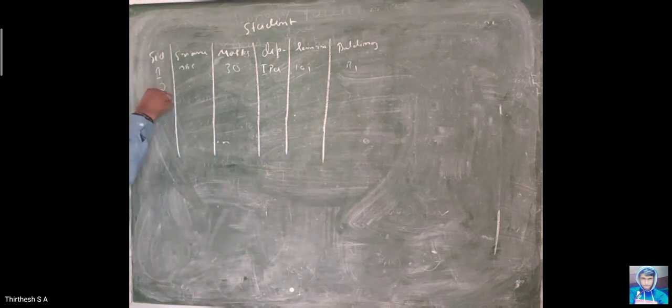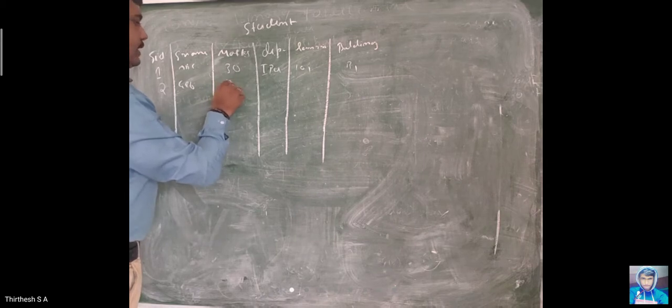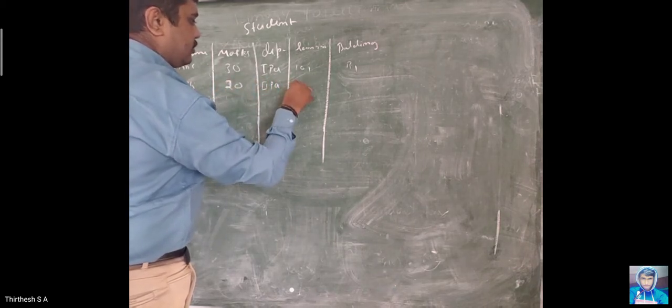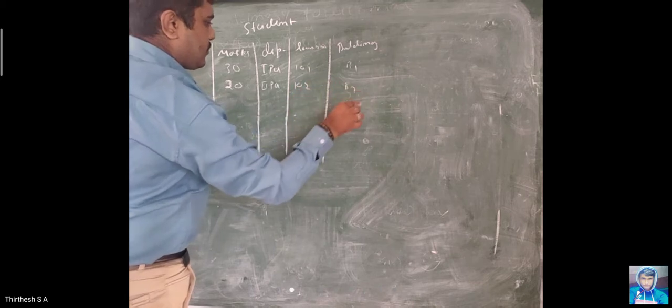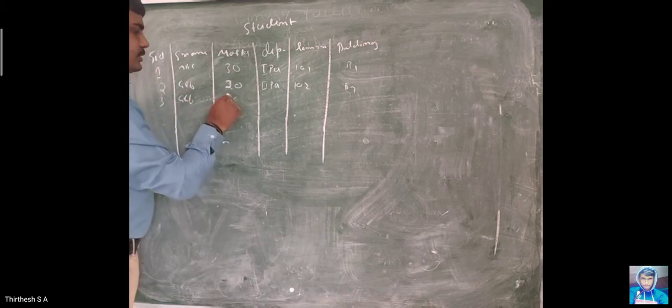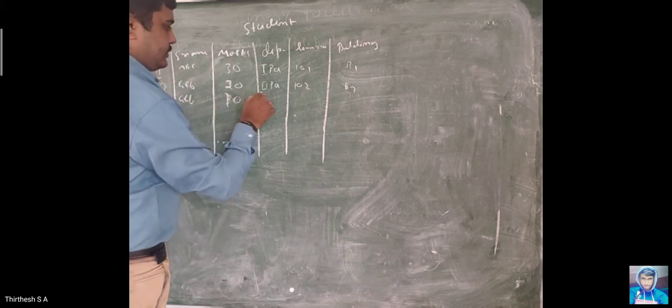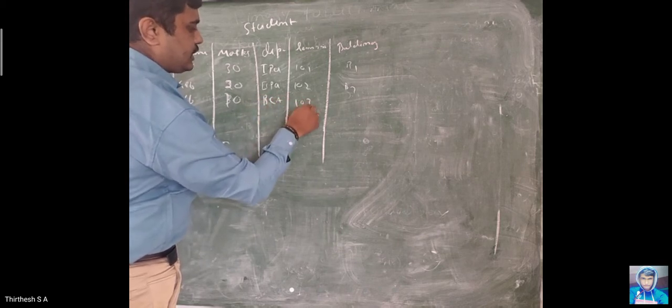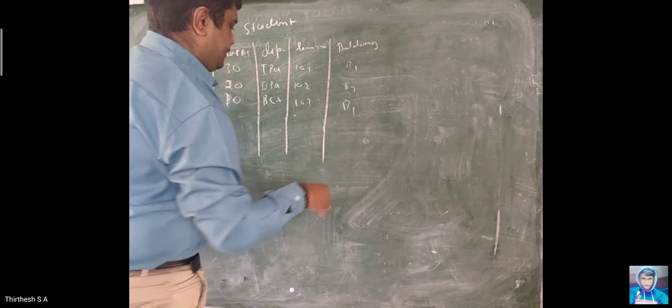Similarly, again 2, GEF, 30 or 20, second PU, 102, B2. 3, GEF, 10, BCA, 103, B1.